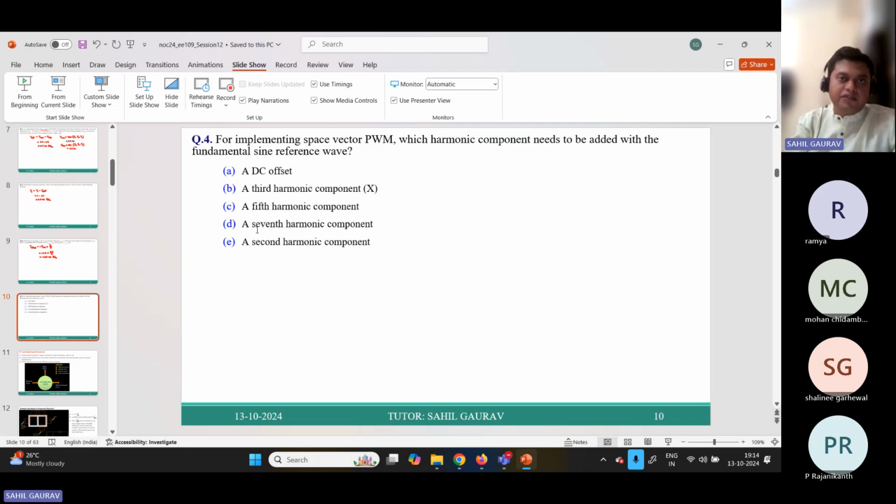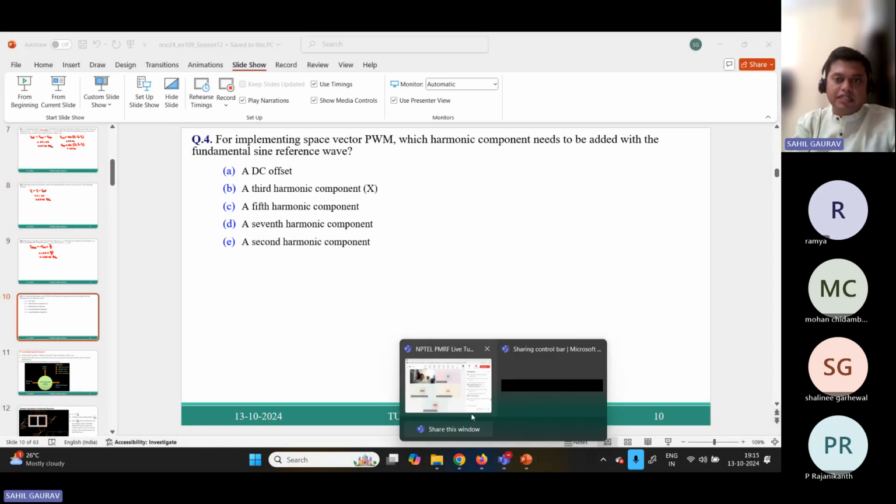We have just seen which harmonic component we add to the fundamental sine reference wave to increase the modulation range.